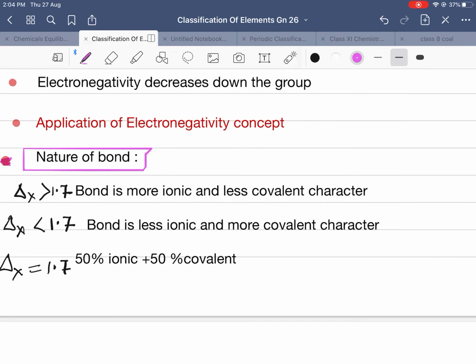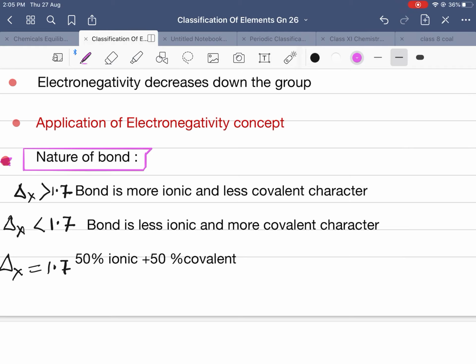Electronegativity shows the nature of the bond. If the electronegativity difference is greater than 1.7, the bond has more ionic and less covalent character. If it is less than 1.7, the bond is less ionic and more covalent.